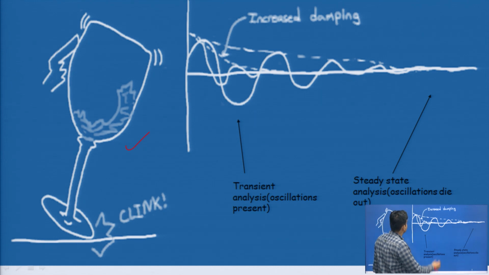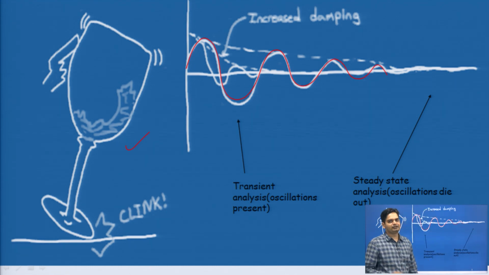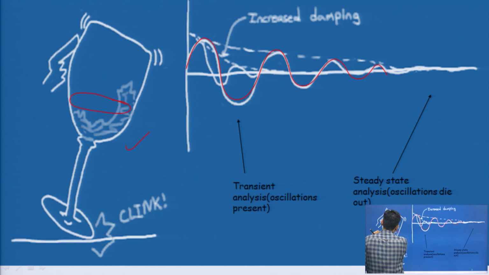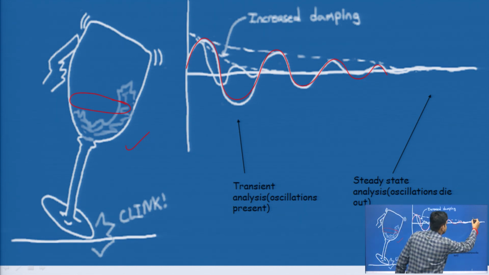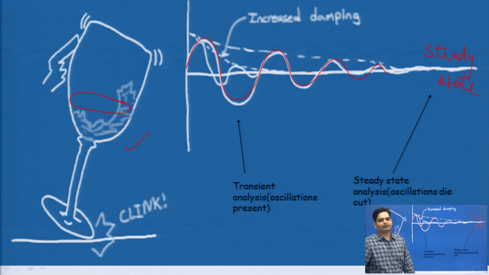The time interval in which we get this vibration is known as the transients, or vibrations present in the glass. This state is the transient analysis. Whenever the liquid level in the wine is stable and there is no disturbance, we can say the wine has reached the steady state, when there is no vibration.